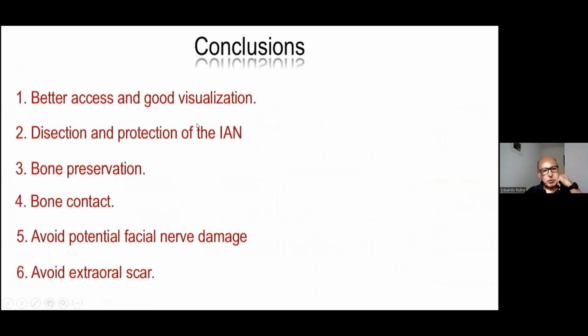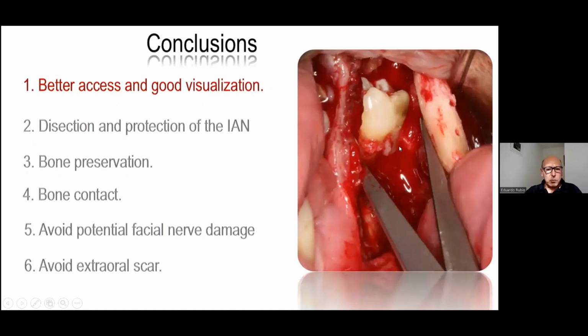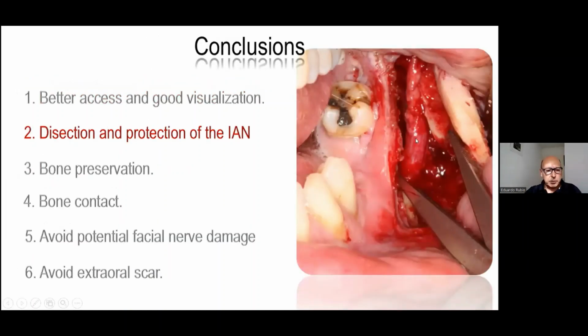So, conclusions. This technique provides better access and good visualization. You can see all the place, you can see the nerve, you can see the limits of the lesion. Since you see the nerve, you can dissect it and protect it.